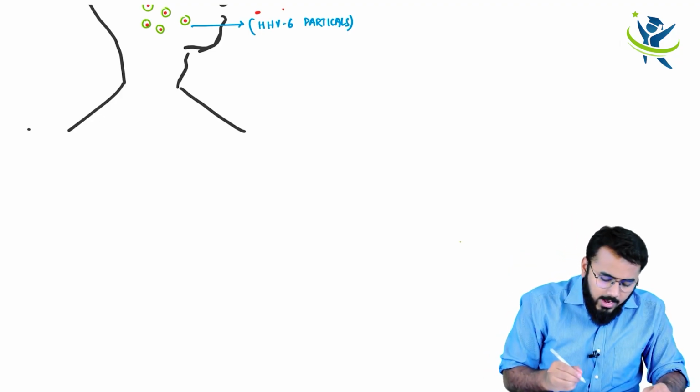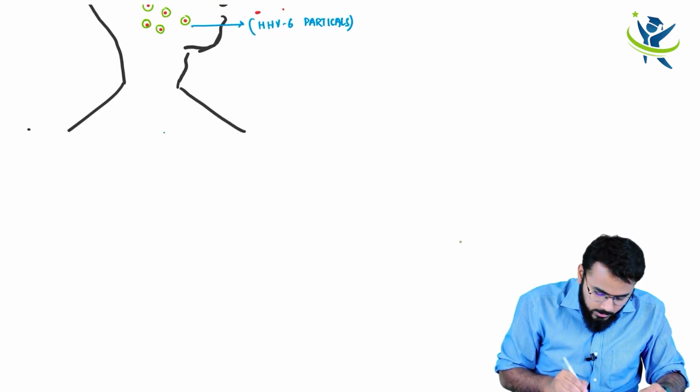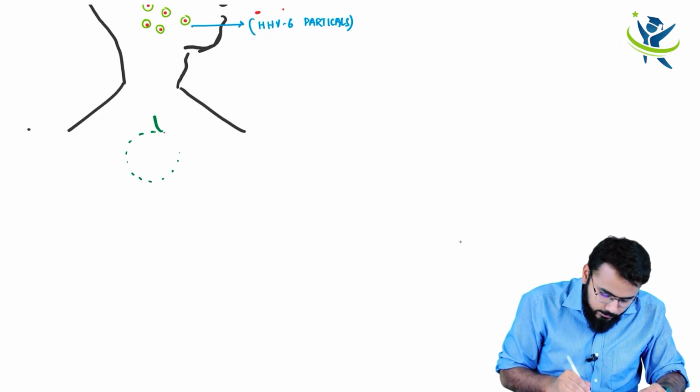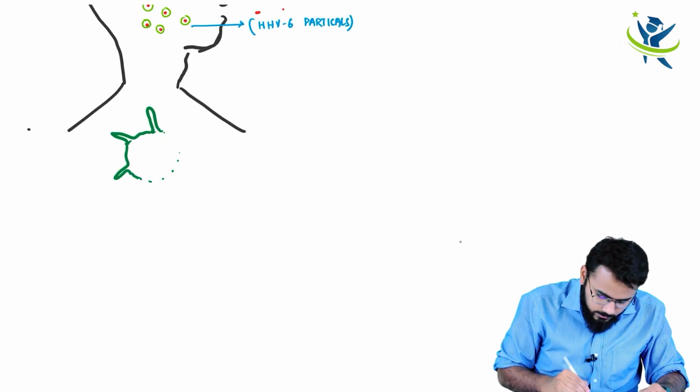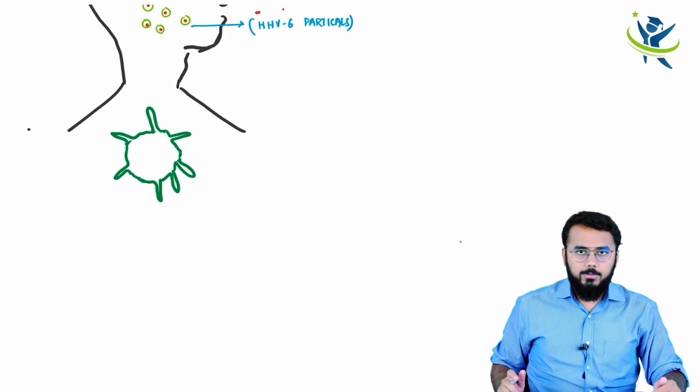Now let me draw one dendritic cell and show it to you. So let us say that this is the dendritic cell. This is a dendritic cell because it has got dendrites all over its body, right?